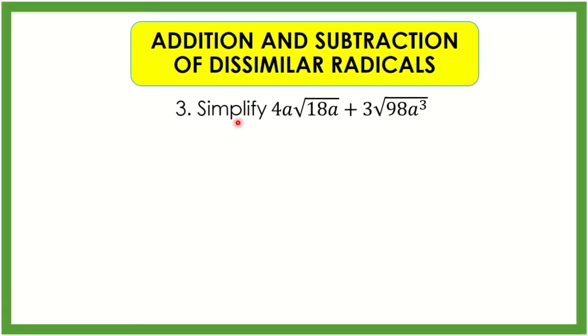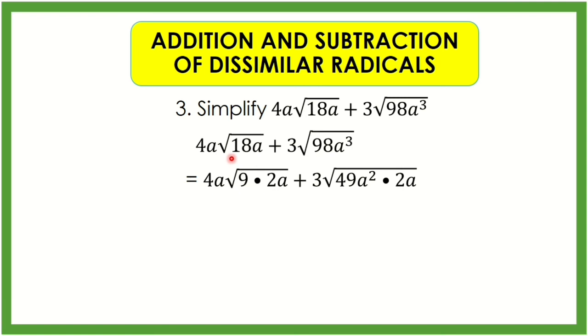Let us now have another example. Simplify 4a square root of 18a plus 3 square root of 98a cubed. The similar radicals. Isip tayo ng factors ng 18 na merong perfect square.